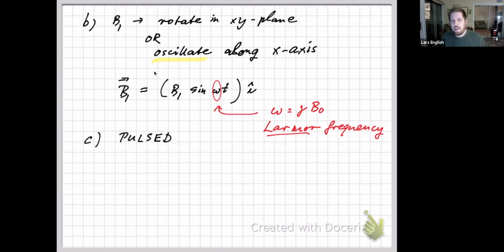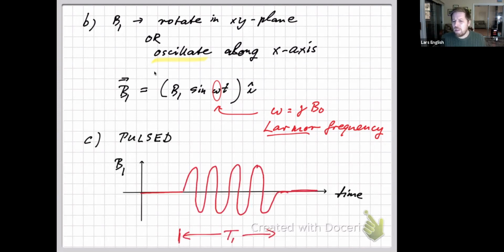And thirdly, we said we needed this field to be pulsed. So when you put it all together, it's going to look something like this. The B1 field is off, then you turn it on. It oscillates for a certain duration of time, and then you shut it off.